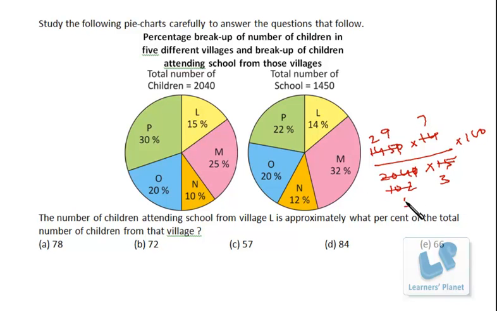So it's 51, this is 50, 7 sevens are 49, so it will be 7 point something, and 7 fours are 28, so it's 4 by 3 of 50, around 200 by 3, that is 66.67%. So you saw the method of approximation which I have taken over here. I hope you are clear.